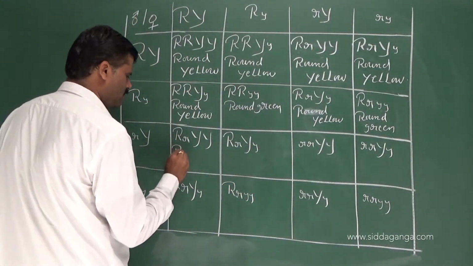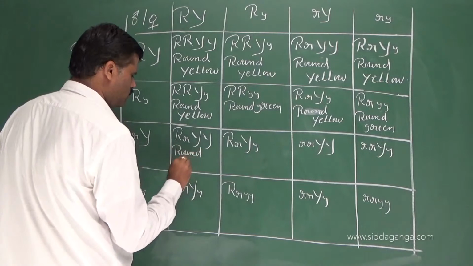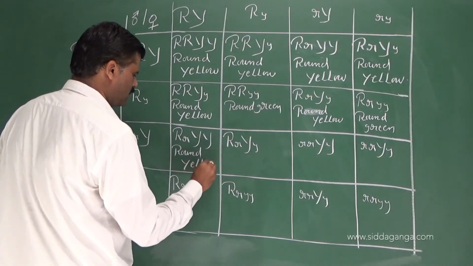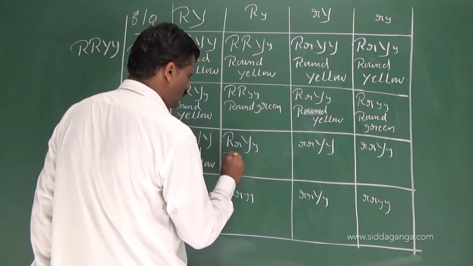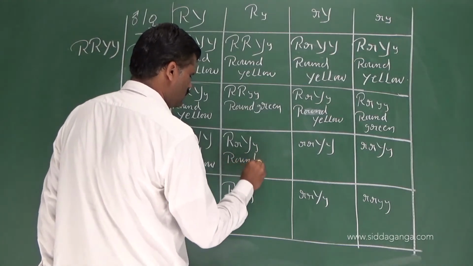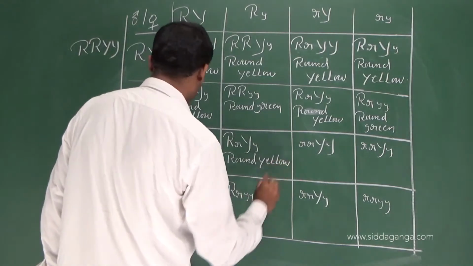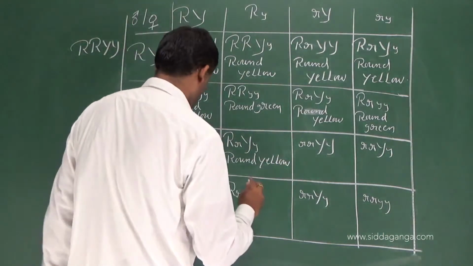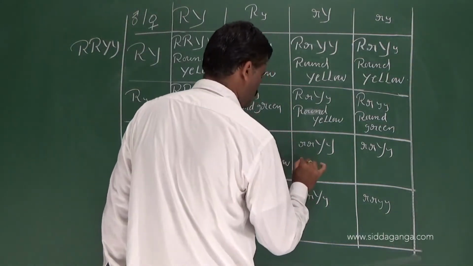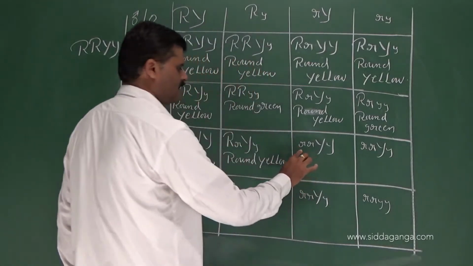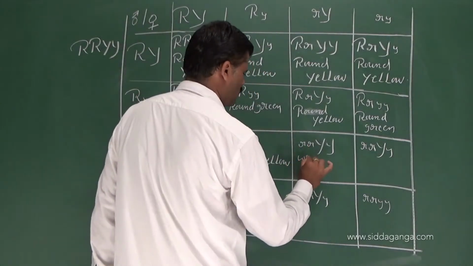Next here, round yellow, round yellow, wrinkled. See, wrinkled is recessive, both are recessive.